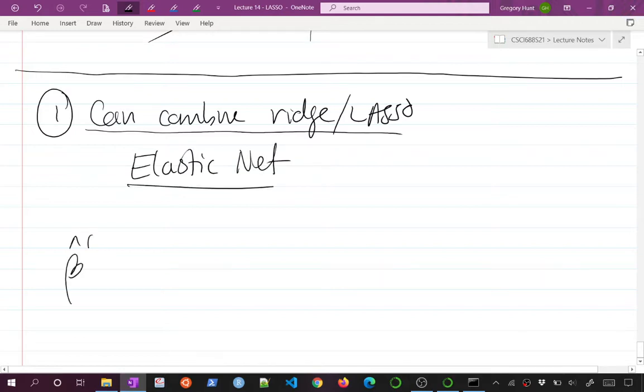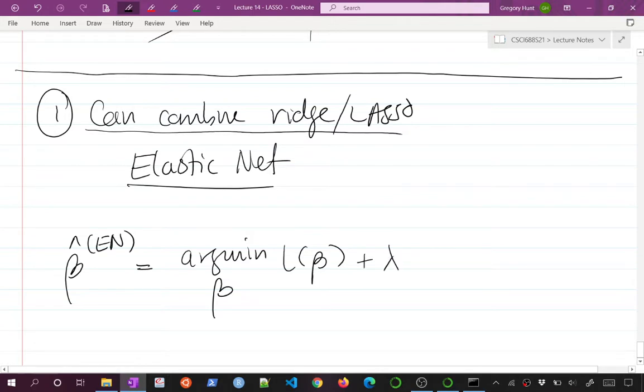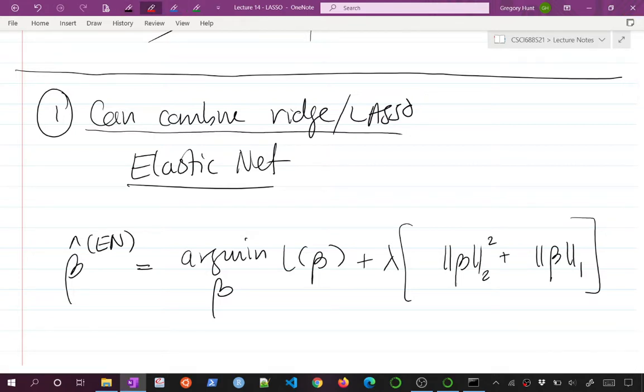And beta hat elastic net can be written as a combination of a 1 norm penalty and a 2 norm penalty. So you minimize your loss function plus lambda, and then I'm going to combine 2 penalties. I'm going to have both a 1 norm penalty and a 2 norm squared penalty. And I'm going to balance a trade-off between these using some other parameter called alpha.